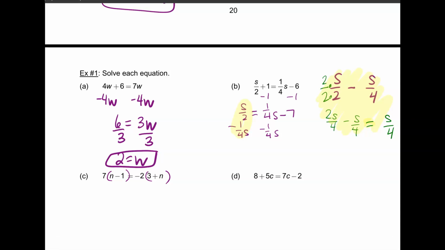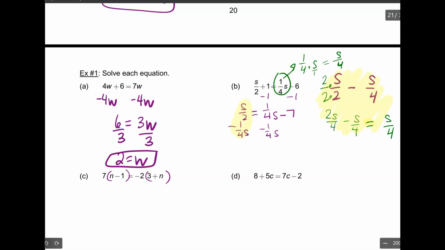Right, 1/4 s is the same thing as s over 4. Because if you take 1/4 times s, literally it's s over 1, you get s over 4. It's the same thing.